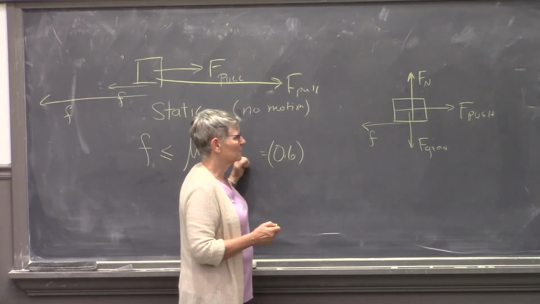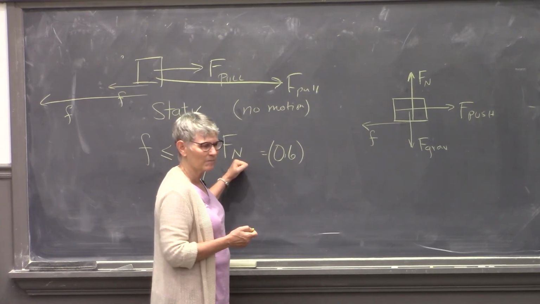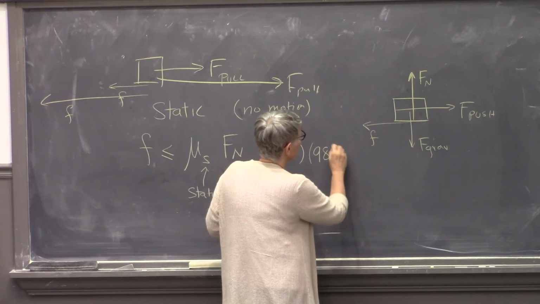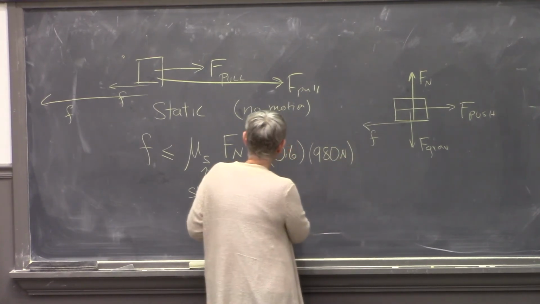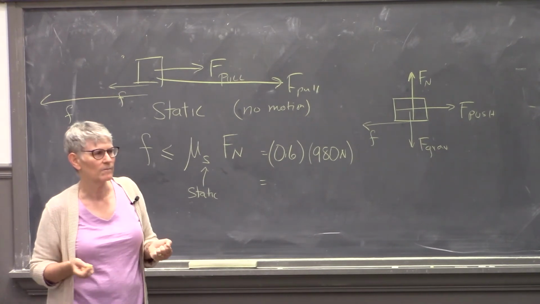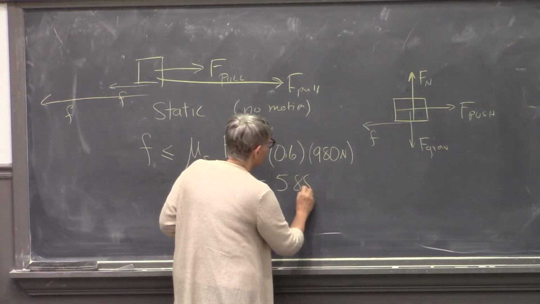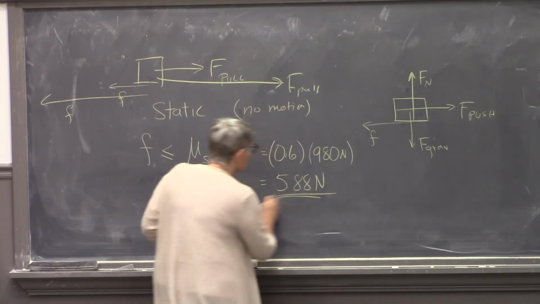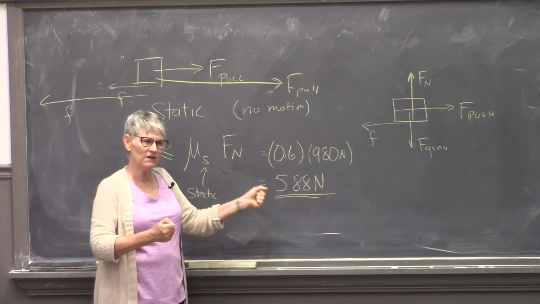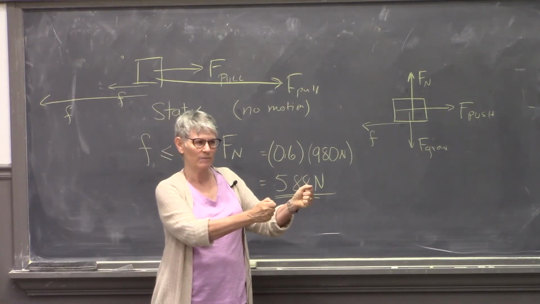So, and what's this force? It's opposite gravity. So the magnitude of this is 980 newtons, right? And what's 0.6 times 980? Okay, so you have to exert a force of at least 588 newtons to get it moving.